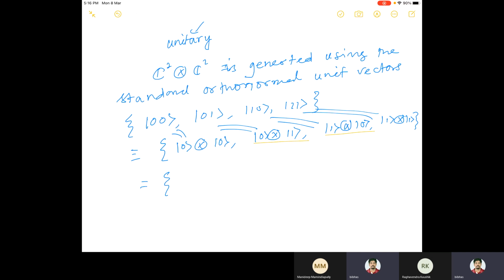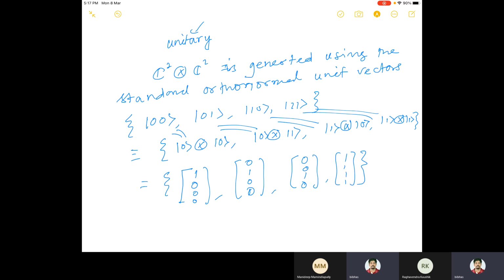If you write it in matrix terms, these will be just standard basis elements: 1 0 0 0, then 0 1 0 0, then 0 0 1 0, and then 0 0 0 1, the last one. Yes, right, 0001.